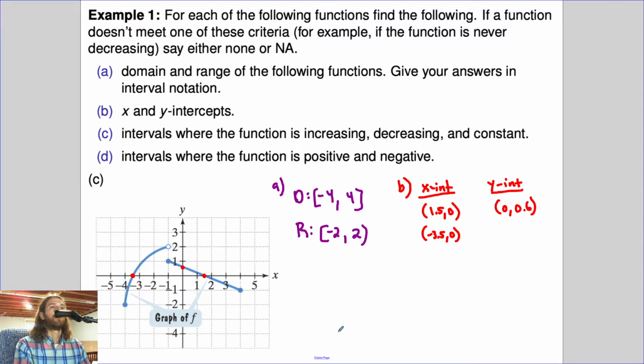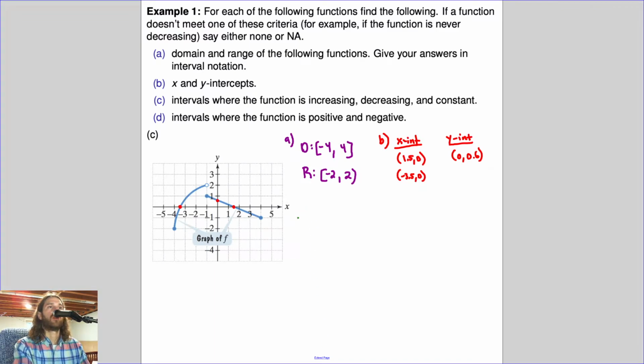Part C, increasing, decreasing, constant. Where is it increasing? Where are we biking uphill as we bike from left to right? So it's going to be from here. We are increasing from, remember, just use parentheses, -4 up to -1.